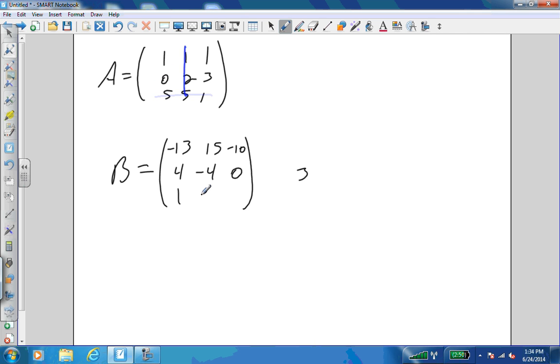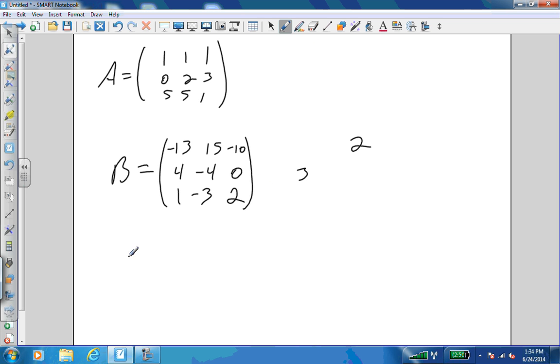But we do the opposite of the sign. Mark out row and column. 2 minus 0. Row 3, column 3, that's even. So we use the sign.